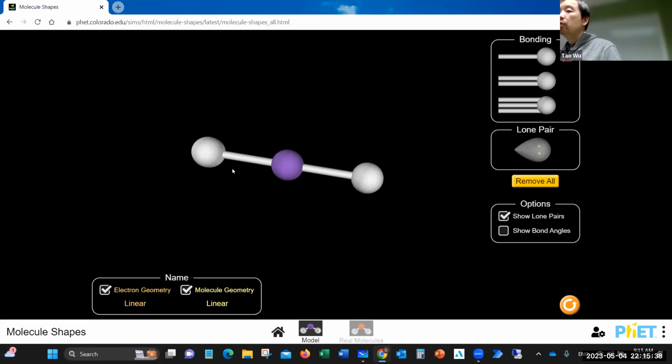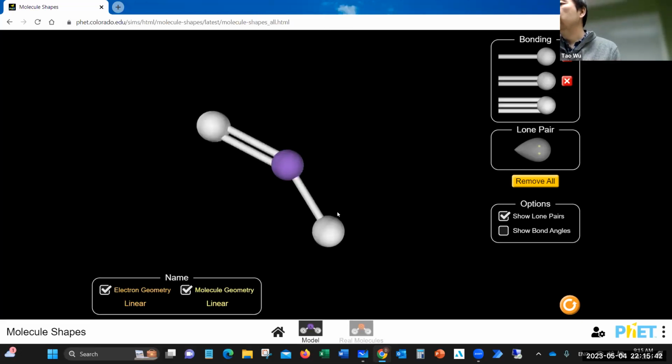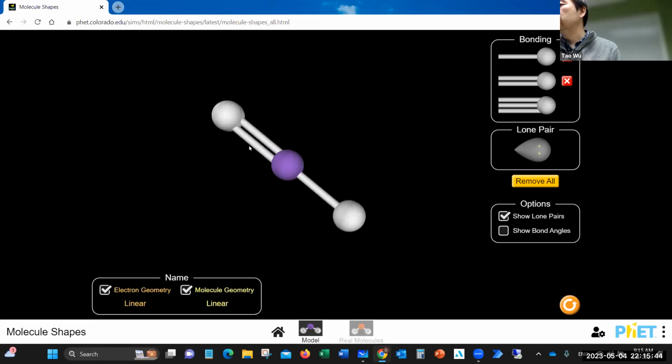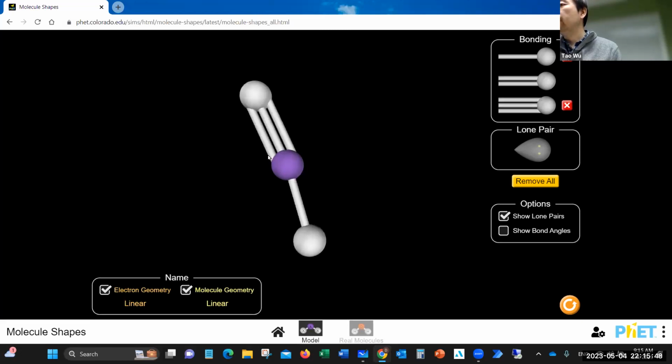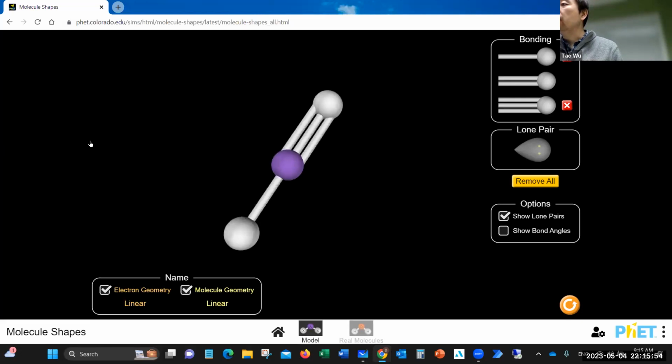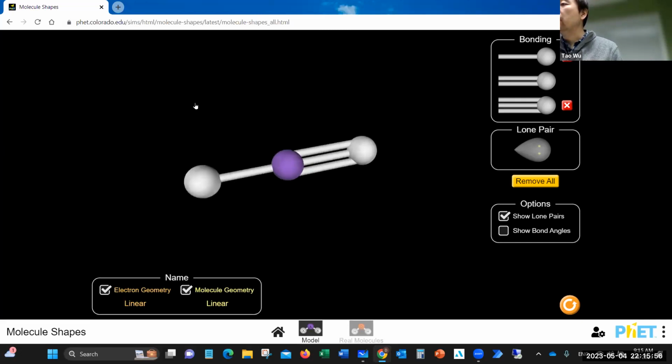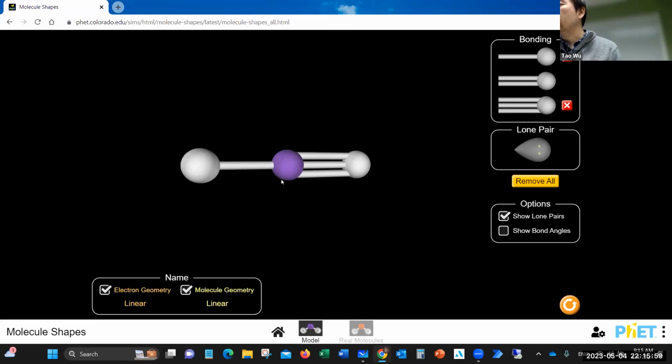So this could be single bonds, double bonds, which is still the same shape, or triple bonds, again still the same shape. It doesn't matter if you have single bonds; the shape is generally the same. But they can also be lone pairs over here.